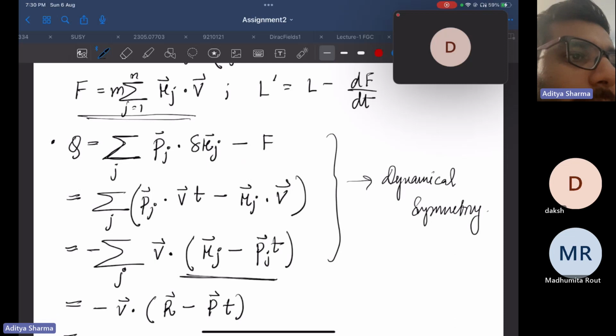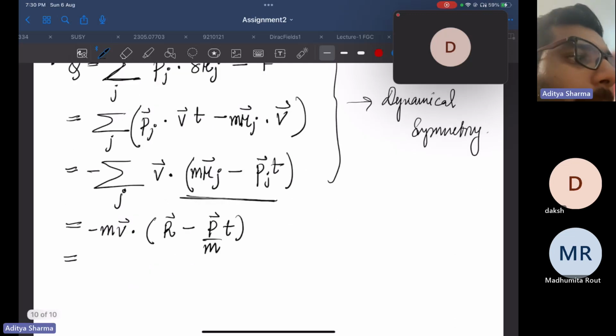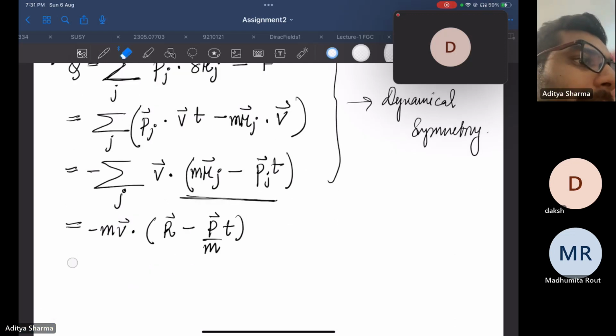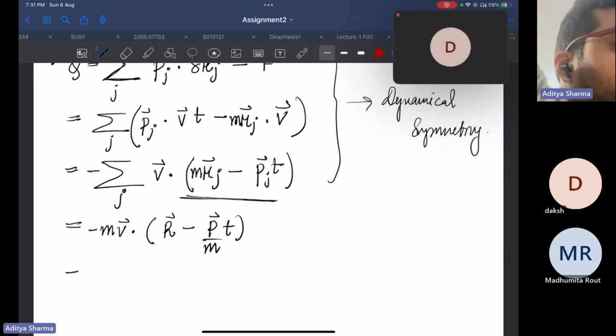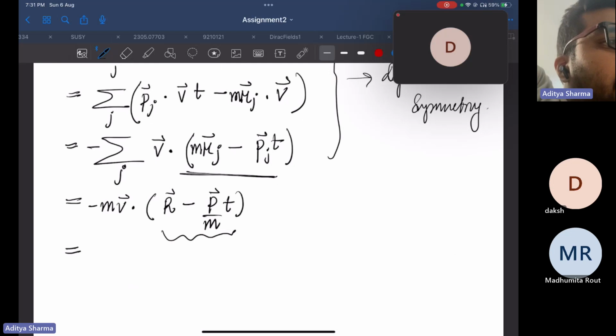M is here. This is M here. Now look at this R minus P t by M part.